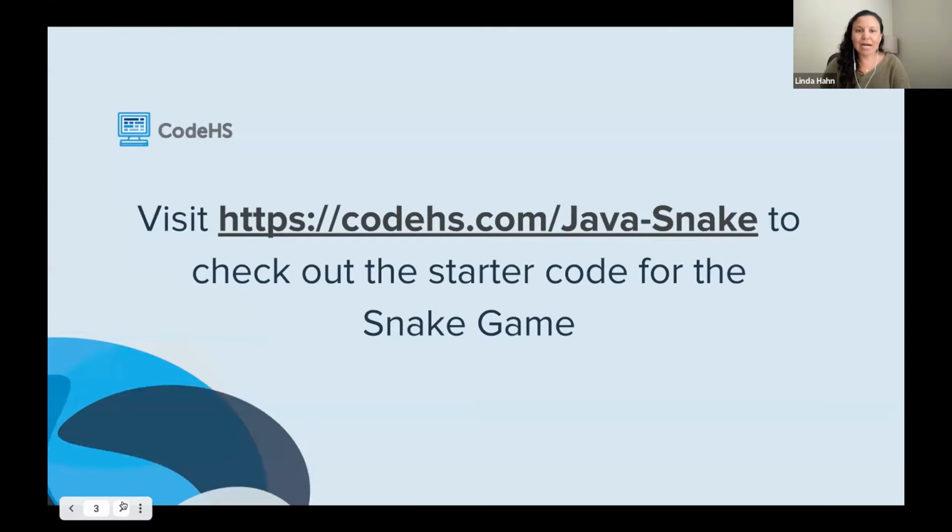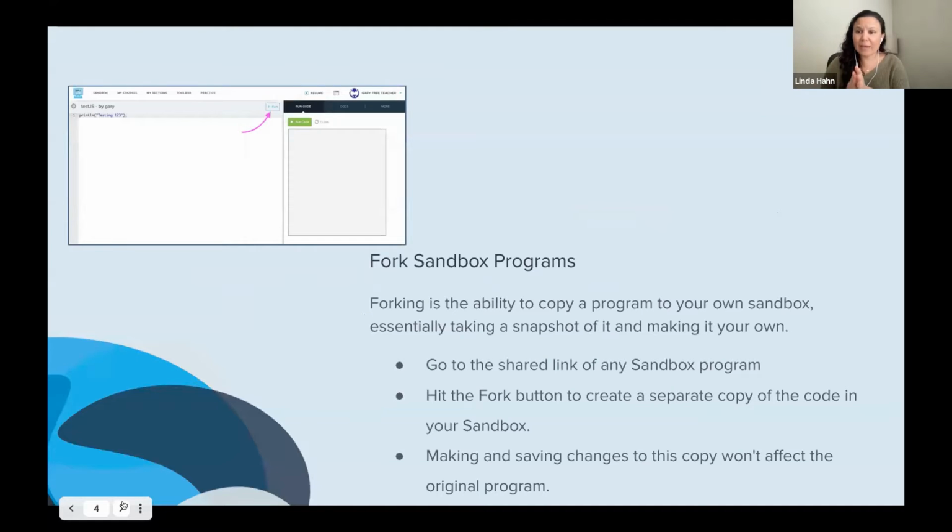Again, codehs.com/Java-snake, and you're going to be able to see the modifications to the Java Snake program. If you want to save this program for yourself, you're going to want to fork it. You can do so by clicking on fork, and it'll create a remix of this program so that you can work on it for your own project.